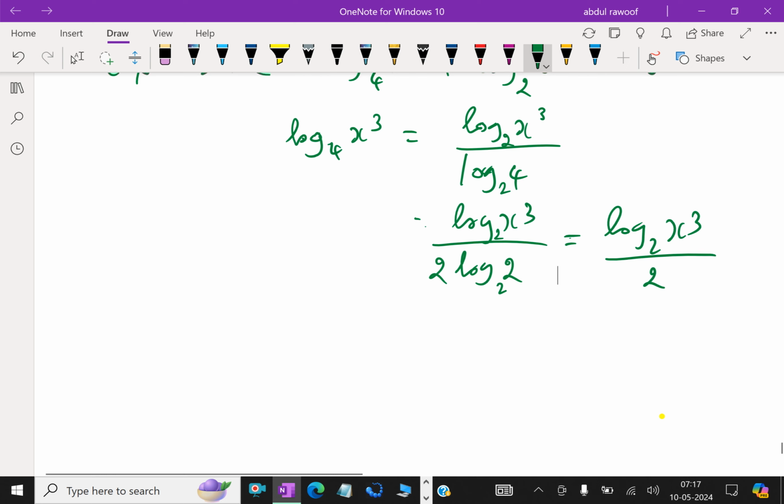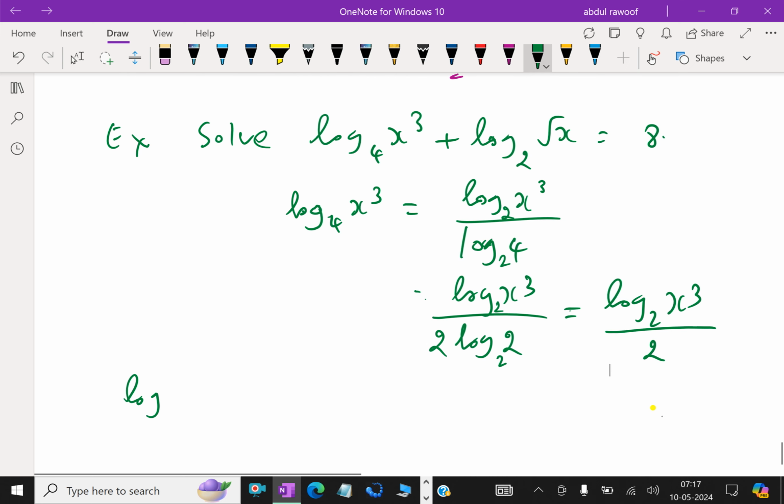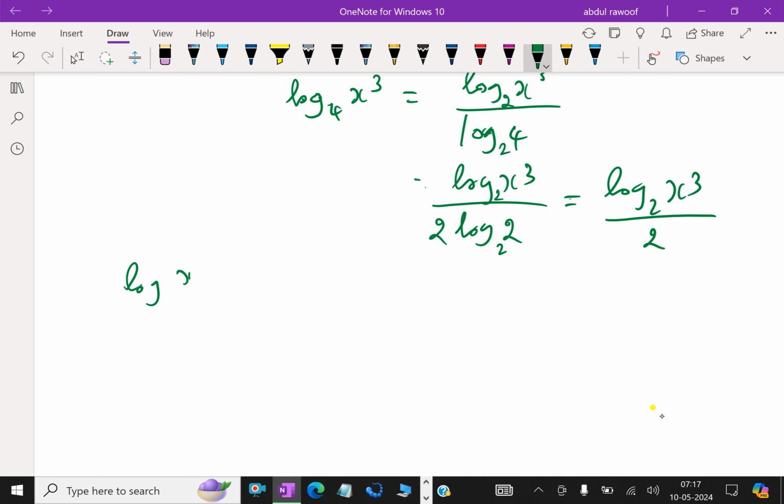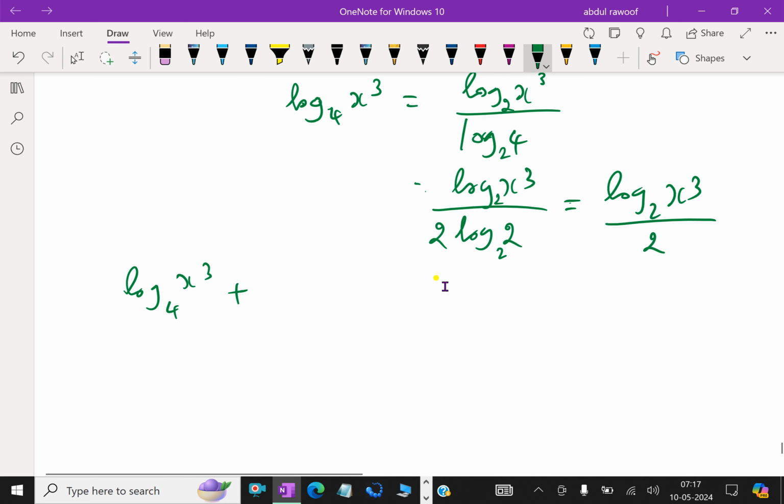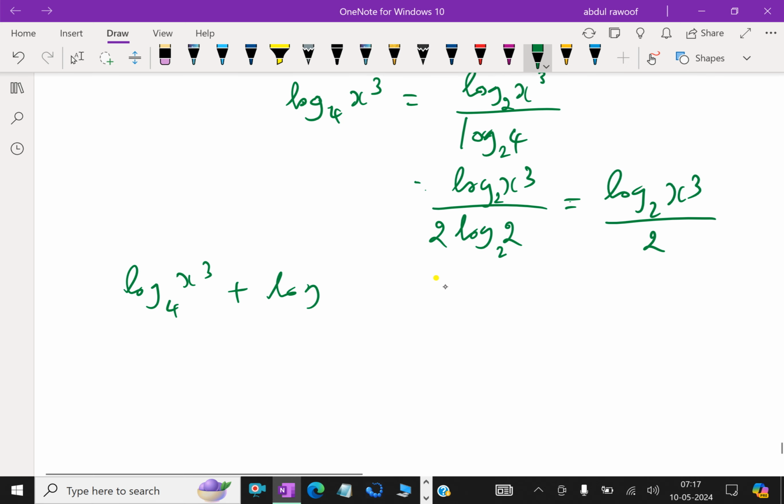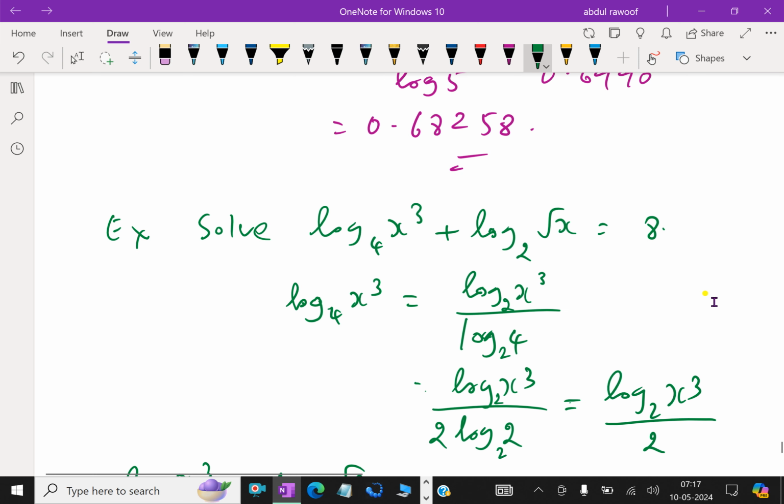Therefore, we can write one more time: log of x cube base 4, plus log root x base 2 equals 8.